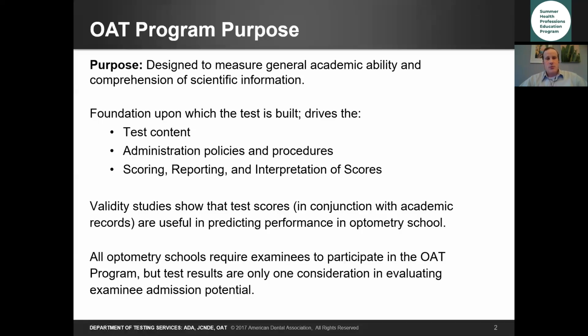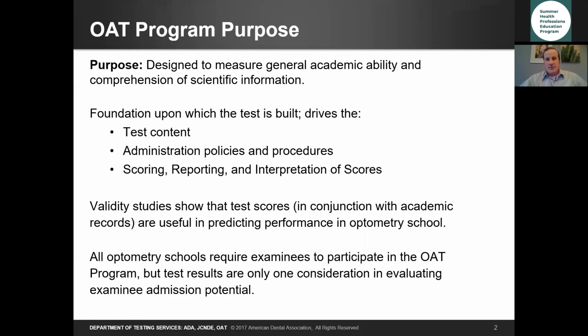I like to start by explaining the purpose of the test, which is that the OAT is designed to measure general academic ability and comprehension of scientific information. The purpose of a test directly informs how the test is built, from the content to how it is administered to how it is scored.